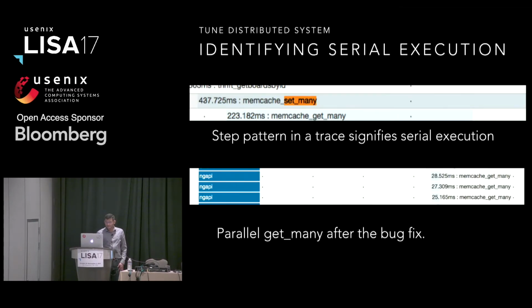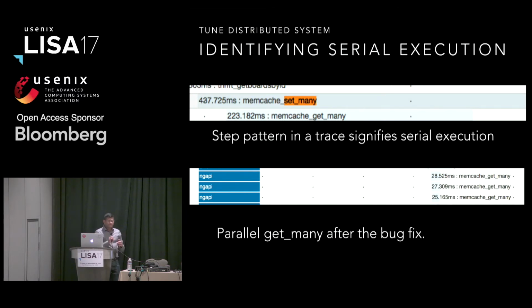The other use case is we also use traces to tune our distributed systems. One of the things traces are really good for, and it's a textbook example for traces, is understanding whether a computation is serial or parallel, right? The way you would understand this is you look at a trace, okay, and every time you see a step pattern like that, like the top image, it means that you have a serial execution.